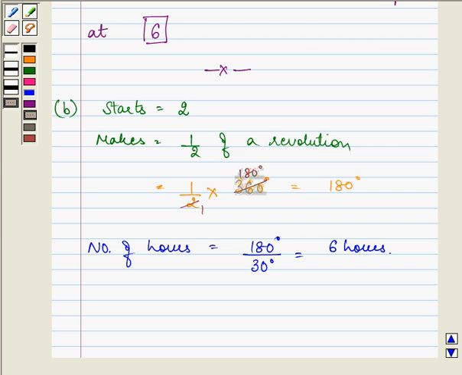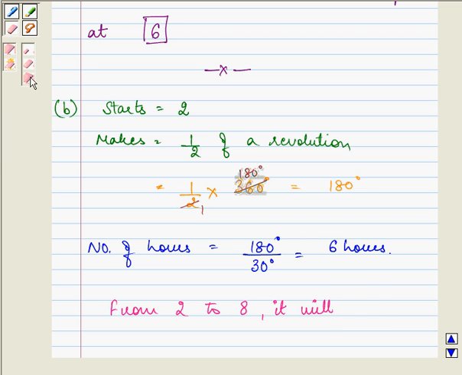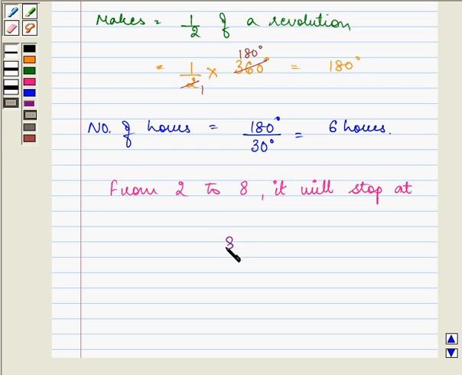So, our answer to the second part will be: from 2 it will stop at 8.